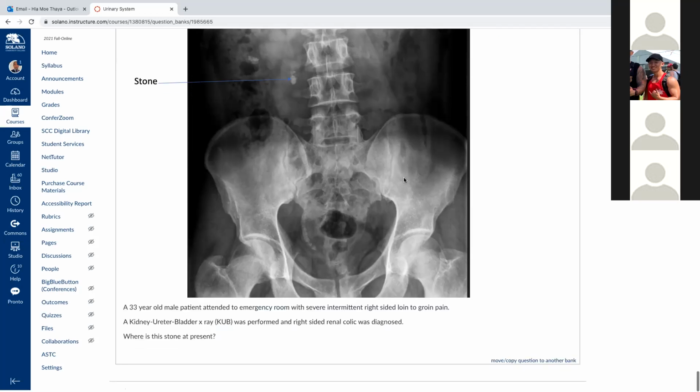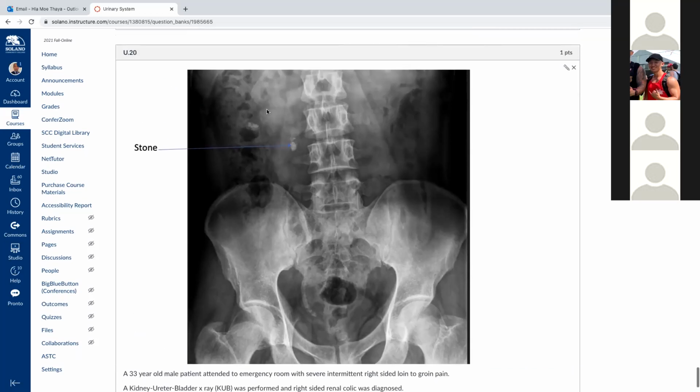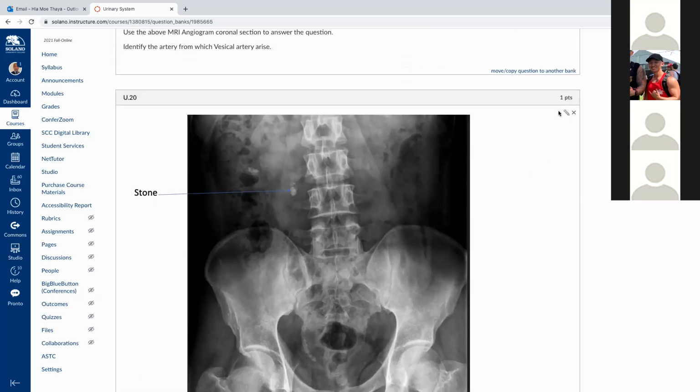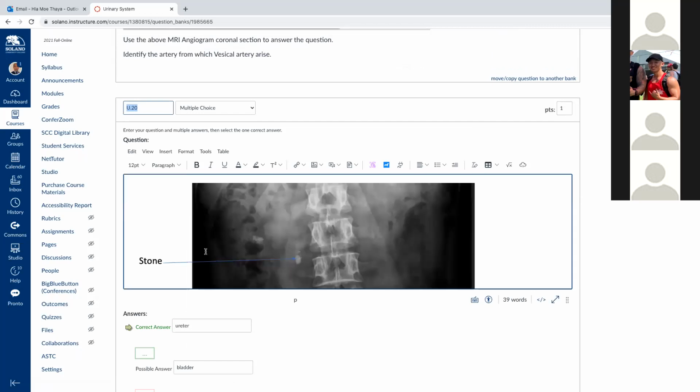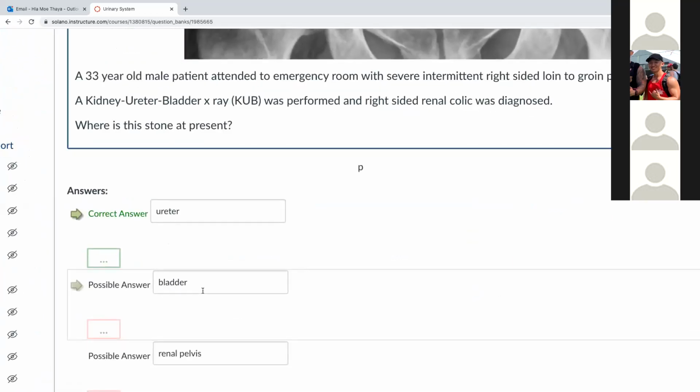So what is the question? Where is this stone at present? The stone is in the ureter. It is not in the kidney, it is not in the bladder, it is in the ureter. Of course it is in the ureter.